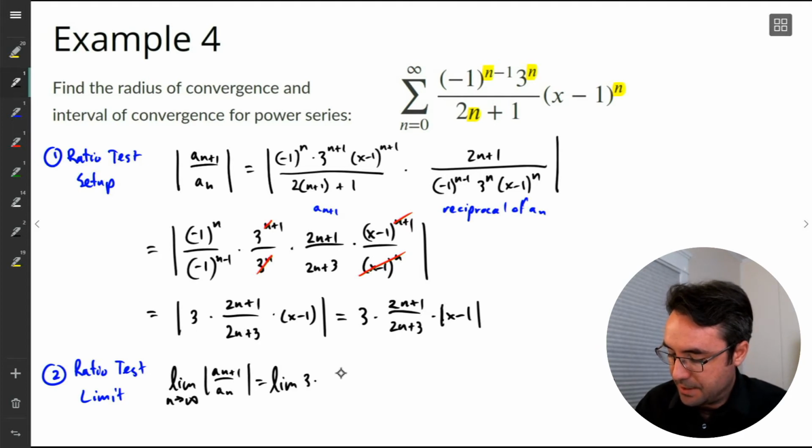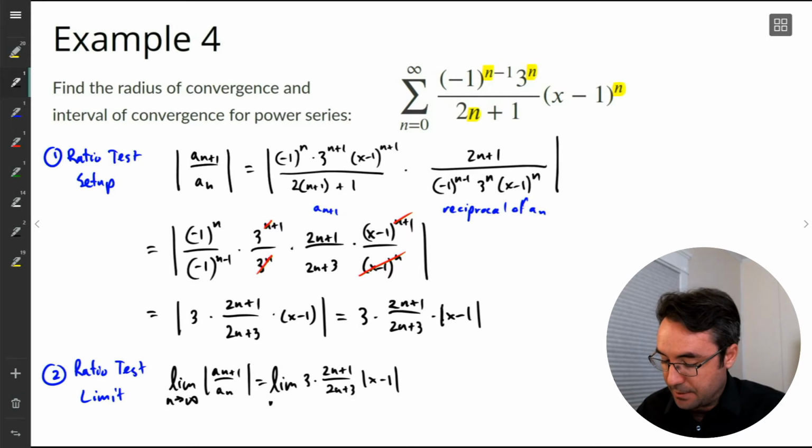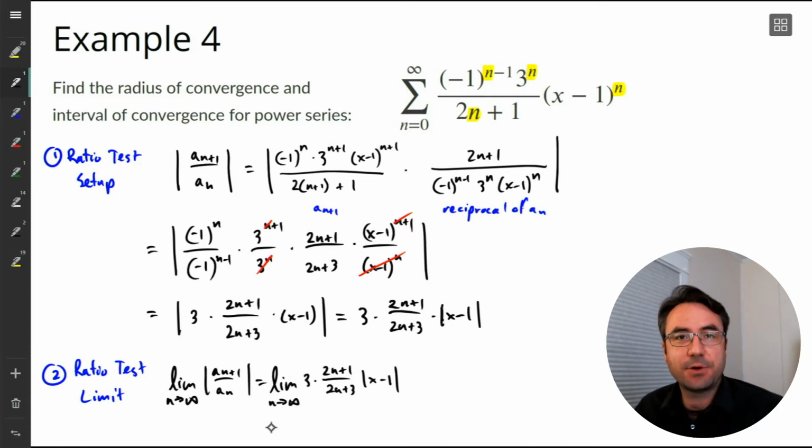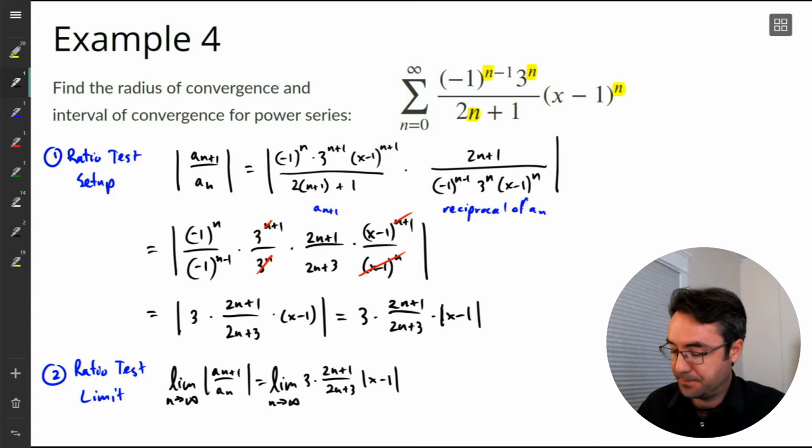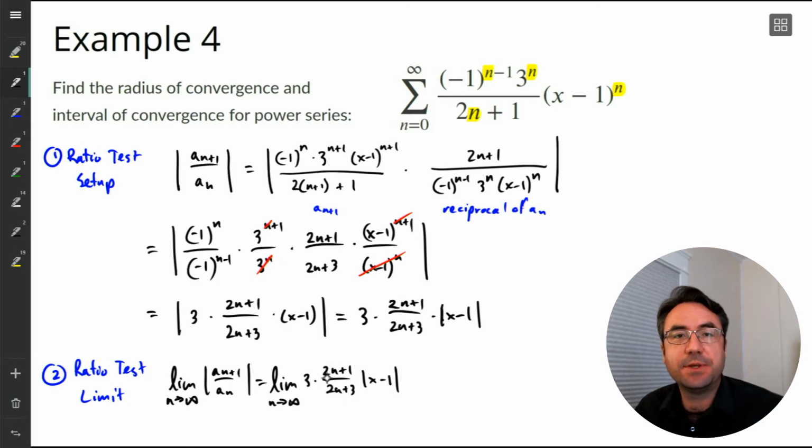We have 3 times 2n plus 1 over 2n plus 3 times absolute value x minus 1. We're doing the limit here as n goes to infinity. Now the 3 is a constant, so we can move that in front. n is the thing that is approaching infinity, so we're viewing x as a fixed number. So we can move that in front. And then it really comes down to just doing this limit of 2n plus 1 over 2n plus 3.